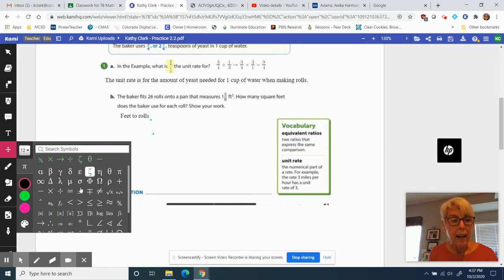So I'm going to click anywhere. Right there is good. And I'm going to type 13, grab that cool little A over B symbol, and put it over 8.